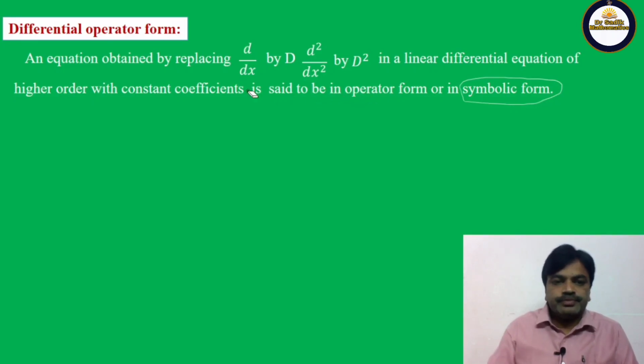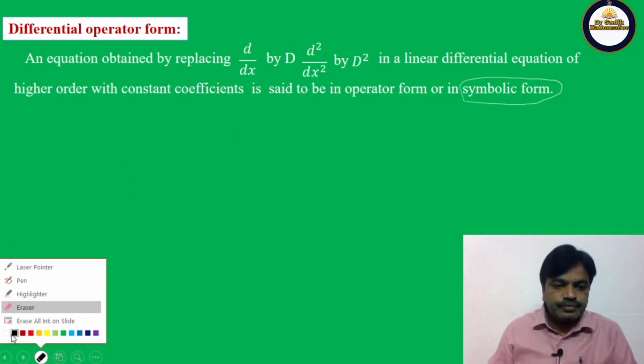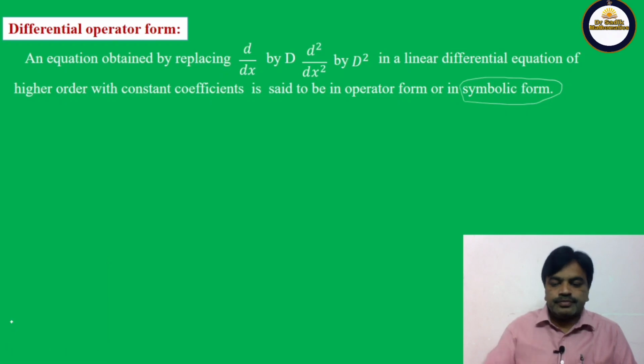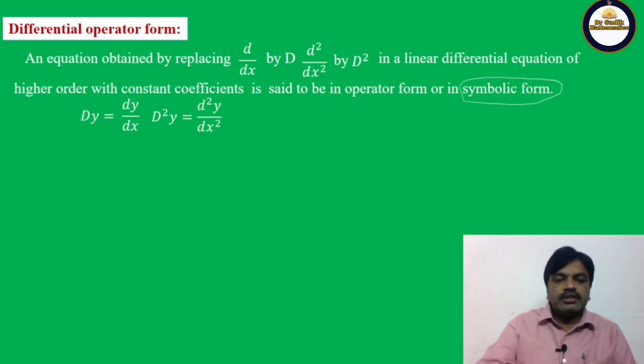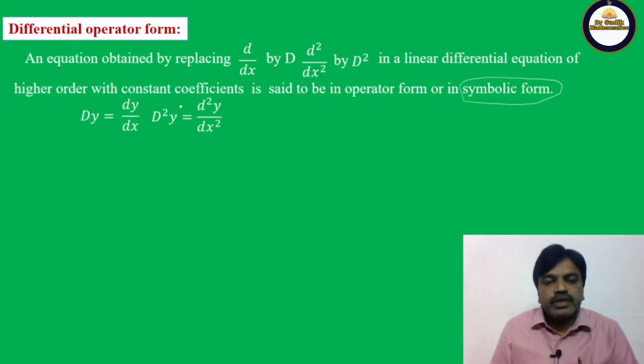See here, Dy is equal to dy by dx, and D square y is equal to d square y by dx square.